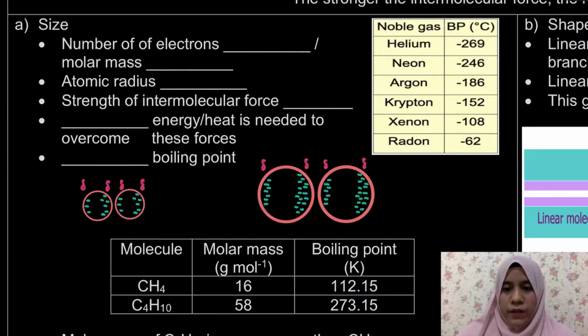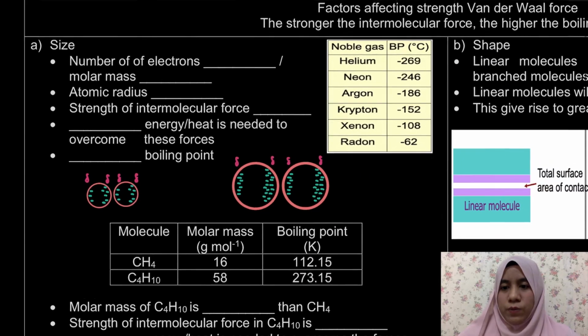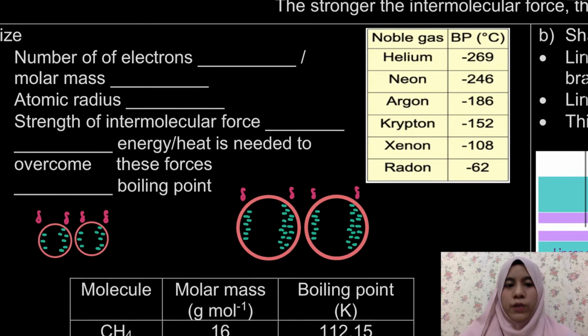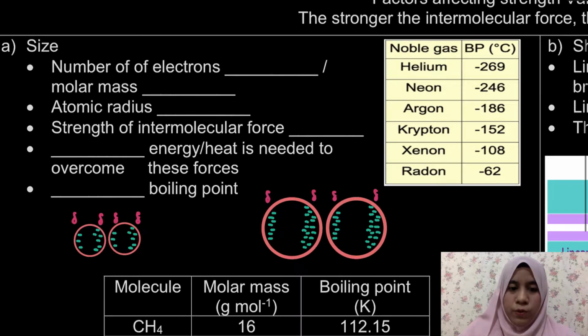So what does it mean? Down the group, there will be a stronger intermolecular force. That's why down the group, we have a higher boiling point. Why does it work that way? Because down the group, the number of electrons will increase, or our molar mass will increase.